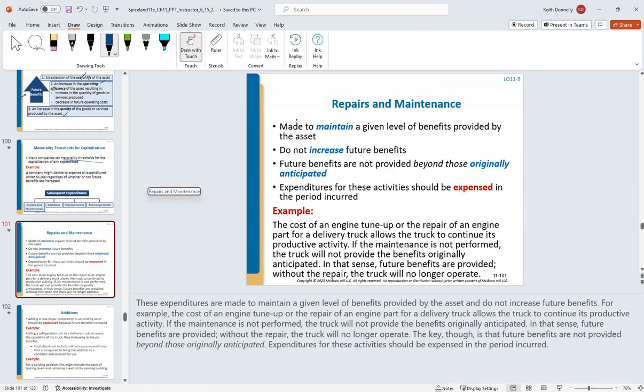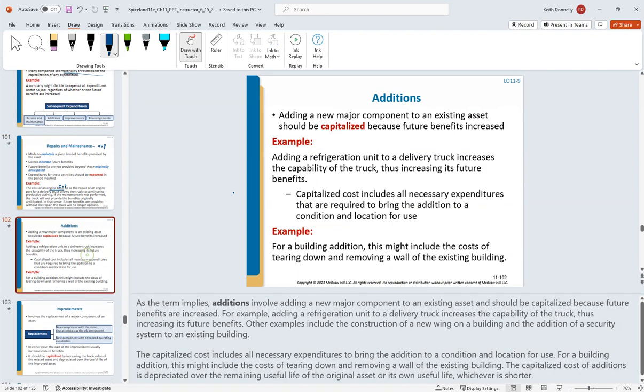We said that generally, if it's repairs and maintenance, you're going to expense it. So an engine tune-up, you'd probably expense that. That would be reasonable to do. You can read through there on it. It's what you would expect, routine maintenance.